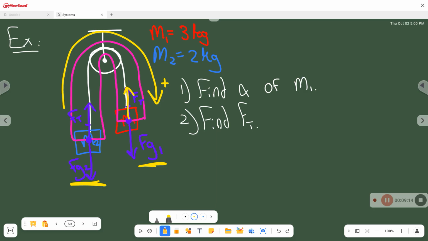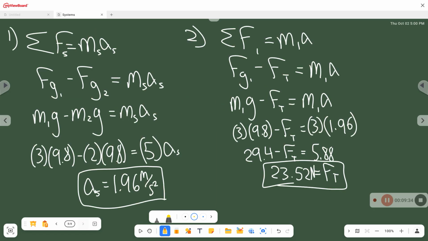And over here, this force of tension has to be smaller than Fg1 so that it, again, accelerates in that positive direction. So 23 fits because Fg1 is 29 and Fg2, I believe, is somewhere around 19.6. So our number makes sense here. It works out, and so therefore that's a good check for us to make sure that we got the right answer.